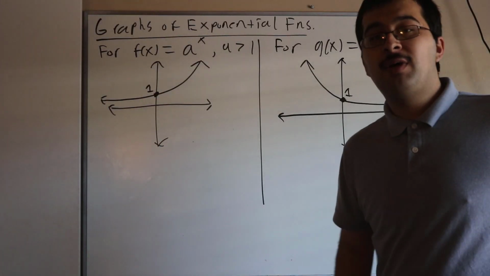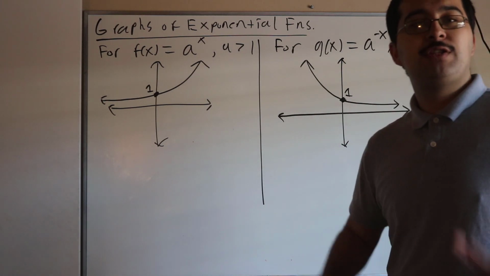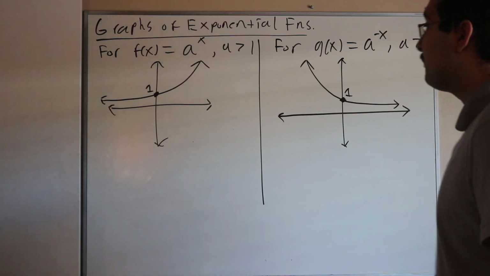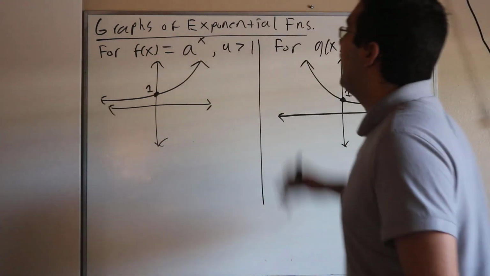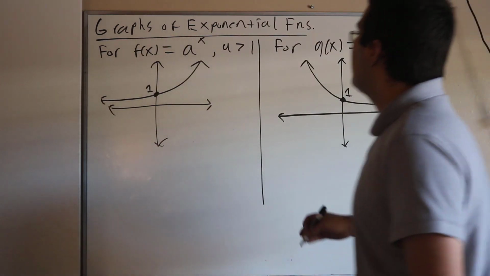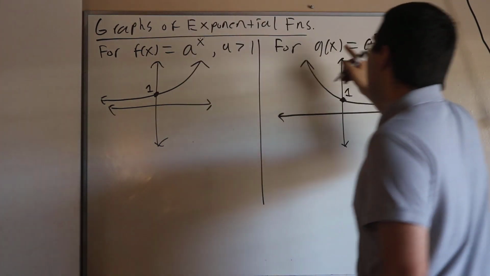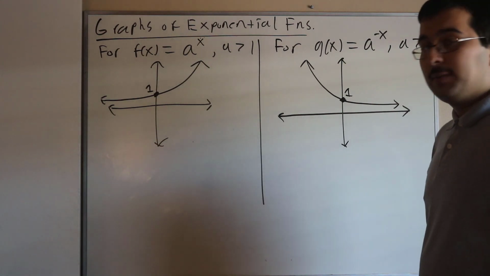Okay, so let's go ahead and talk about the graphs of exponential functions, and let's generalize a bit and give some observations about what we can expect for all exponential functions. There are going to be two big types. There's f of x equals a to the power of x, where a is greater than 1, and then we have the other type, which is g of x equals a to the negative x, where a is greater than 1.